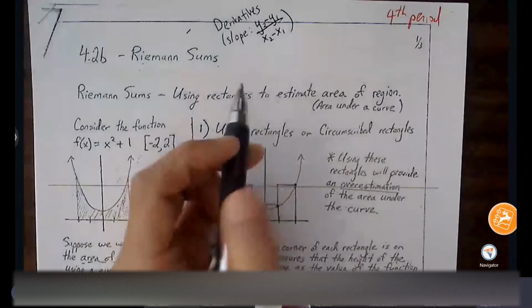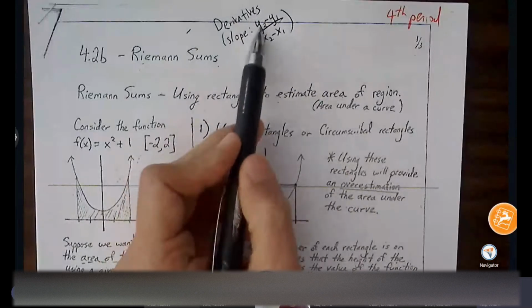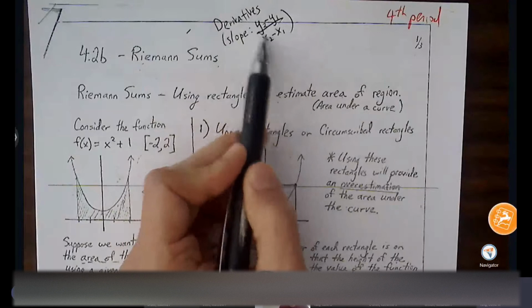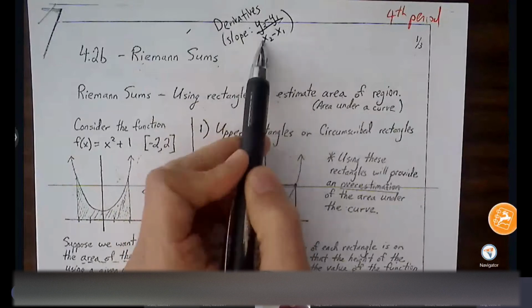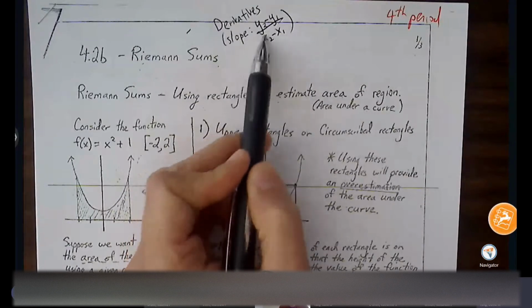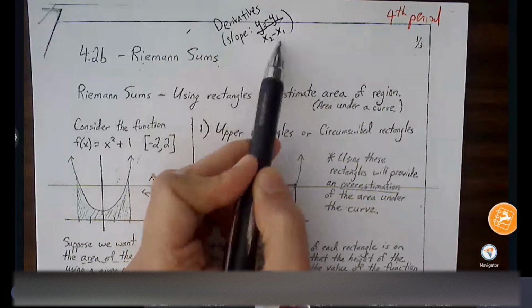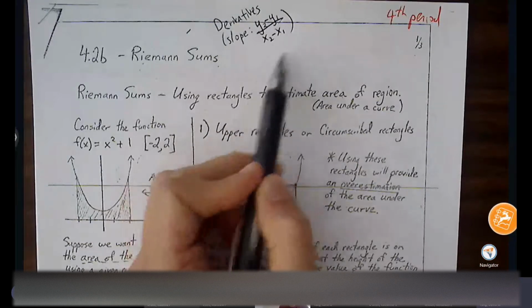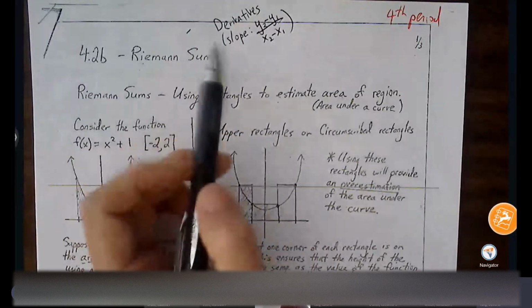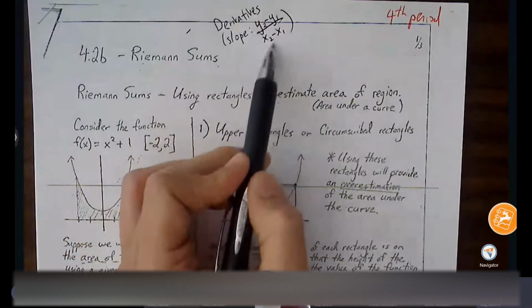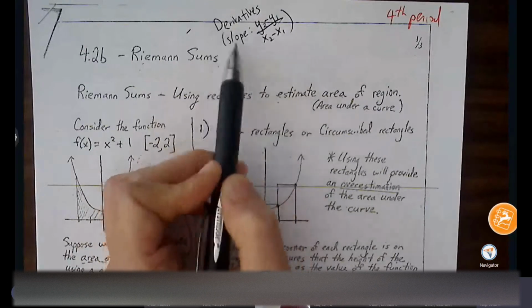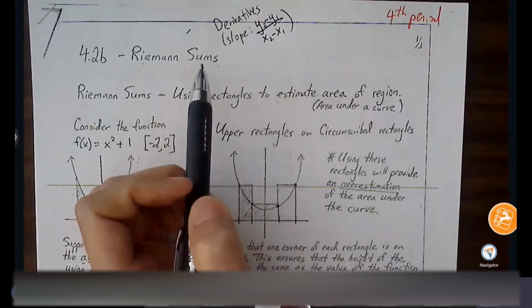So with derivatives, you see how slope is kind of division related, right? It's y2 minus y1 over x2 minus x1. This gives us the steepness or the rate of change at a specific point or between 2 points. So this semester, we're undoing the process of derivatives.